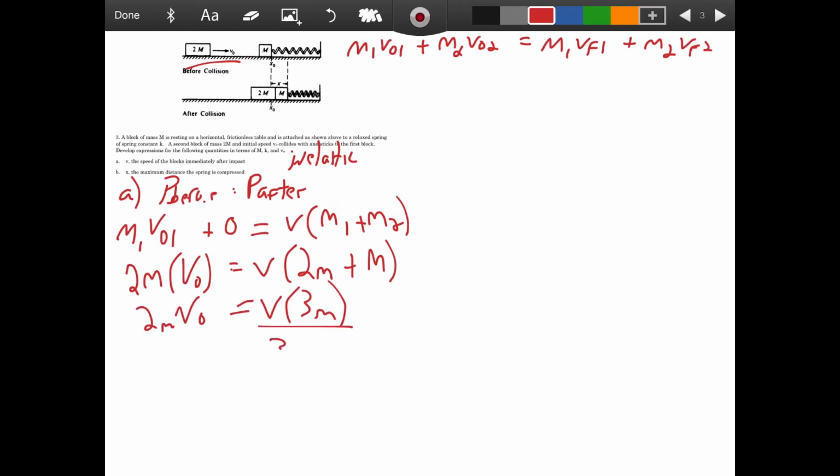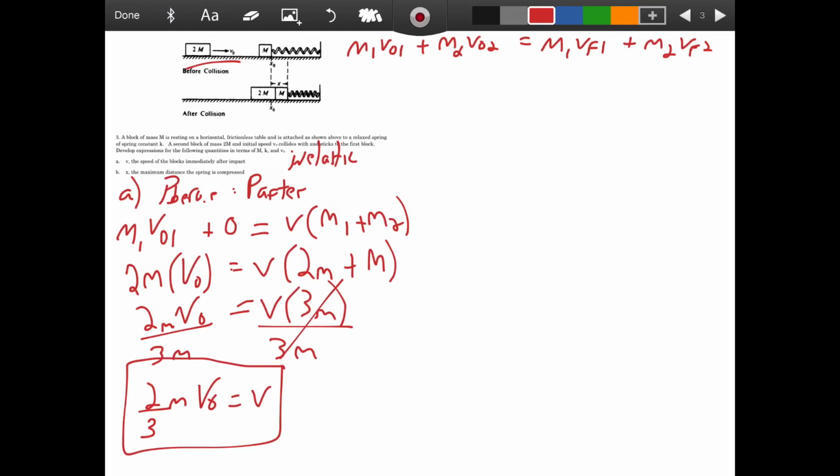We can divide both sides by 3m, and we get 2/3 m times v naught. And there we have it. Actually, we could cancel these m's. So the answer would be 2/3 times v naught. The m's definitely cancel. Okay, now we're on to part B.